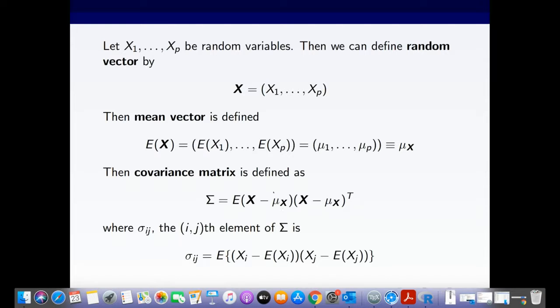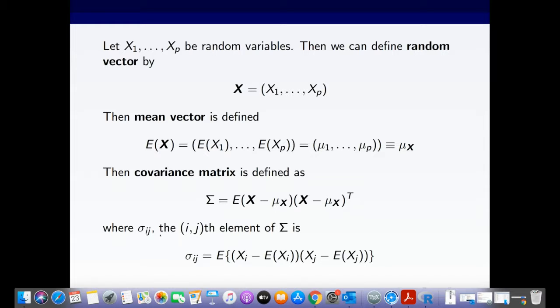So here we have a p by 1 vector, and when you take a transpose, it is going to be a row vector, which is 1 by p. So you have a p by 1 vector and a 1 by p vector, and the matrix multiplication will be p by p.